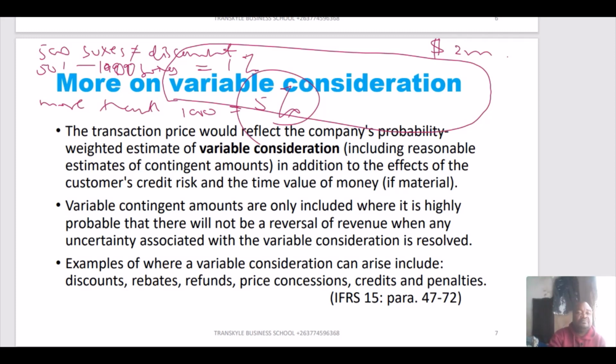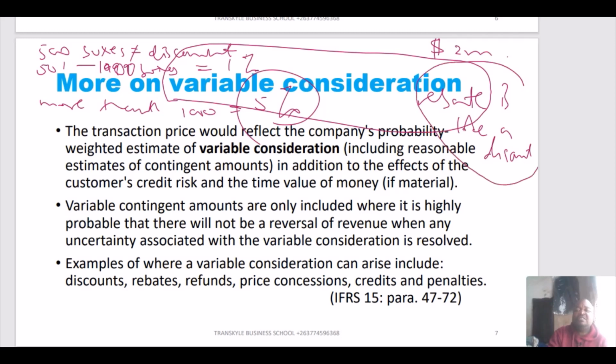So in the business sense, we are simply saying that a rebate will act like a discount. A rebate is like a discount.